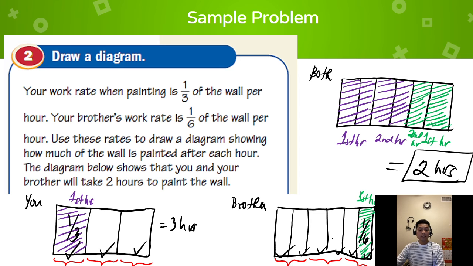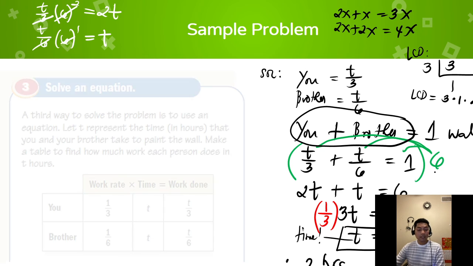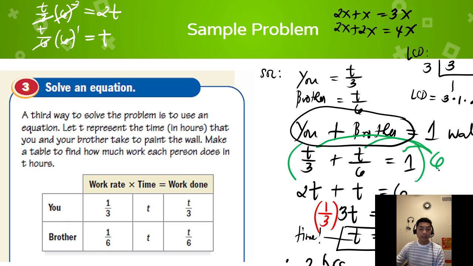Then using the diagrams, we have this. And if we combine your work, we can visually see that it's really 2 hours. But if you can do the equation, because sometimes doing diagrams would take time, then just remember work rate times time equals work done.